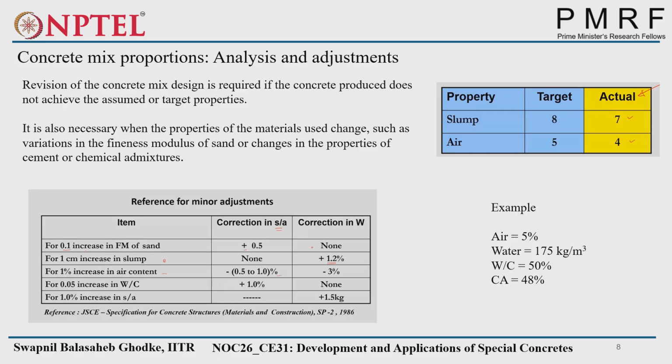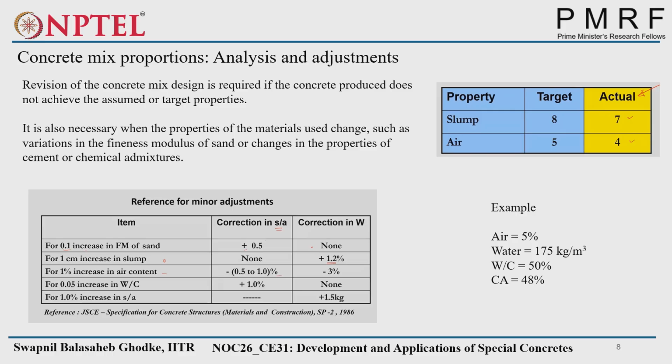No, I have not observed anything like that for the coarse aggregate, but for the cement content there is a limit up to 400 kg per meter cube. But usually 60 to 70% coarse aggregate will be in the concrete.